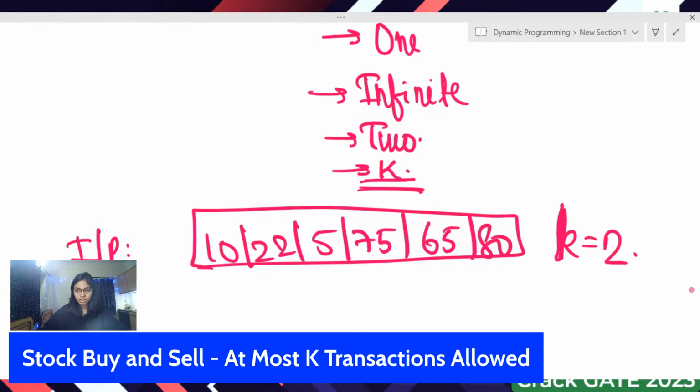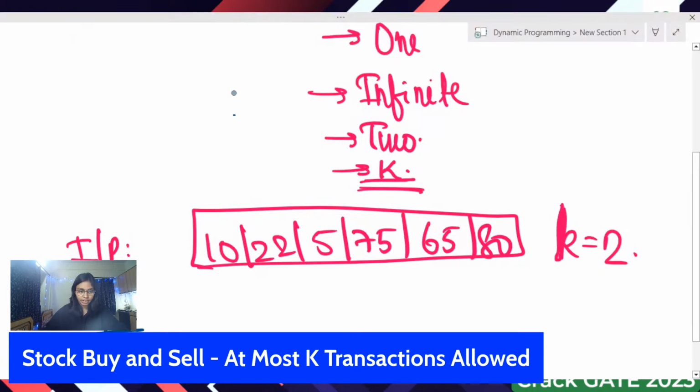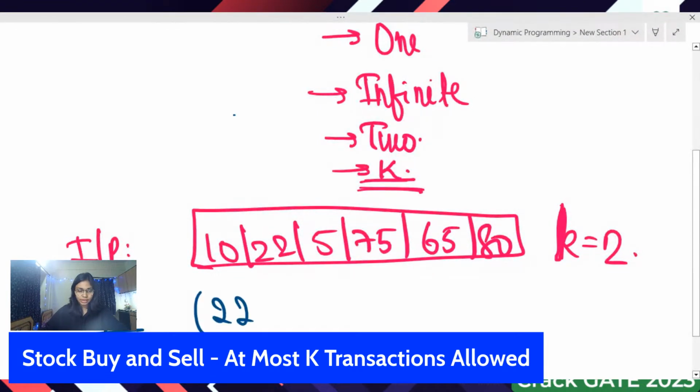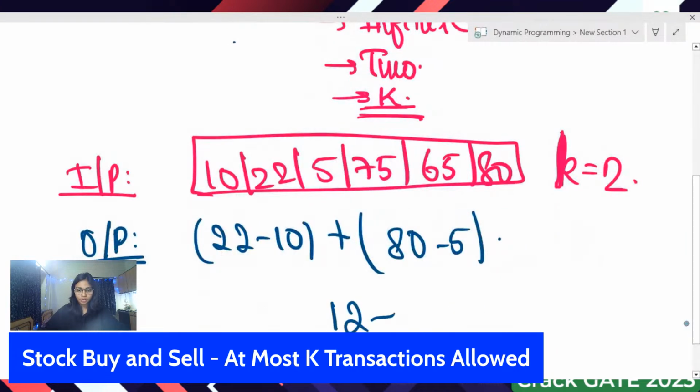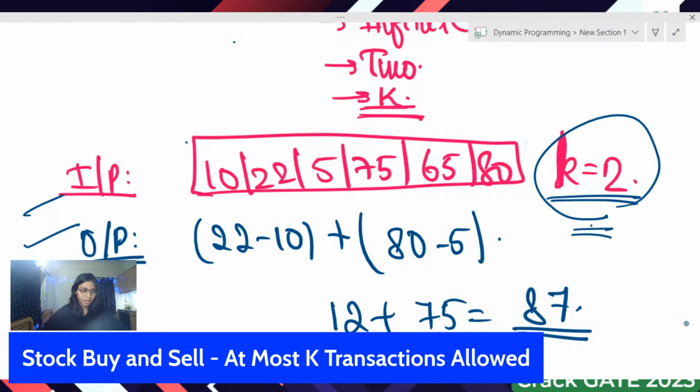The 2 transactions we made give the final output: one is from 22 minus 10 plus the other is from 80 minus 5, so that is 12 plus 75, that is 87. So this is the input and the output. An array is given to you and the value of K will be given to you, and you need to make this many transactions.